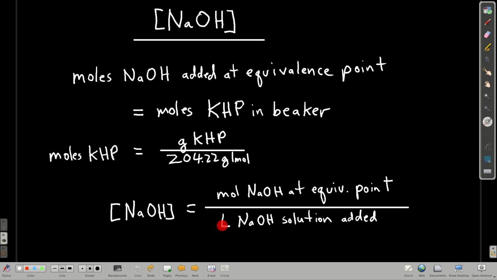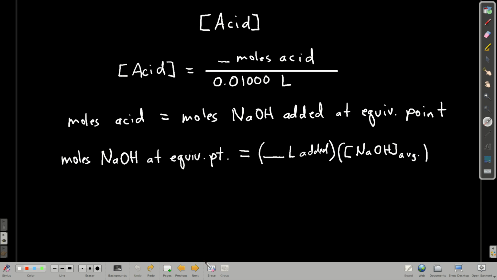So just convert it to liters, put it in the denominator here, the moles that you calculated up here on top, and that's your concentration of sodium hydroxide. Now you did 3 trials, so take the average of the 3, and you're going to use that average concentration of sodium hydroxide for the rest of the experiment for the calculations.